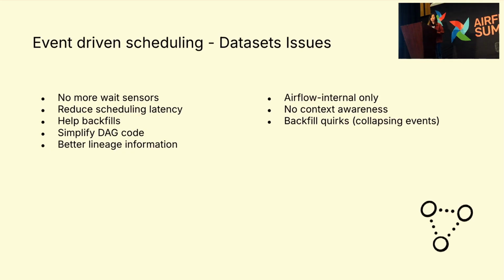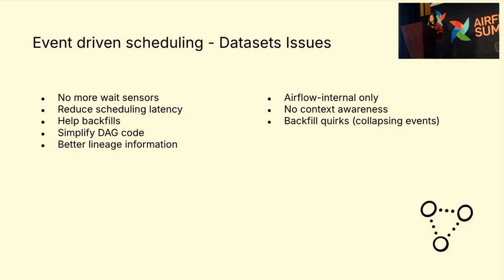It also reduces the scheduling latency because DAG B can run immediately when DAG A finishes and produces data, instead of waiting for the next scheduled interval. So this moves us closer to event-driven behavior and improves data freshness and data landing time.